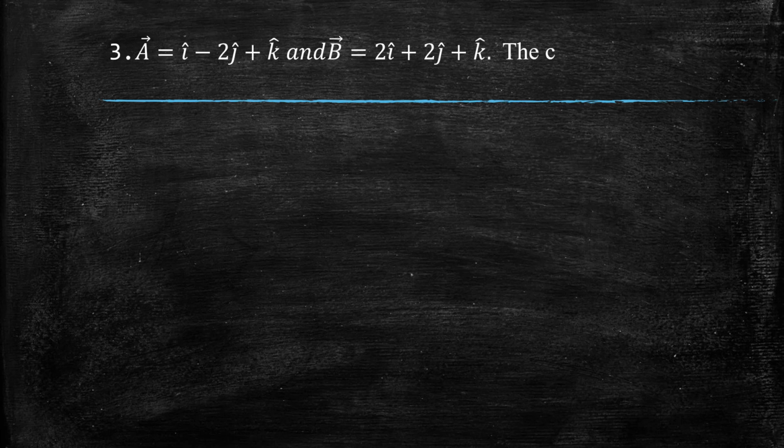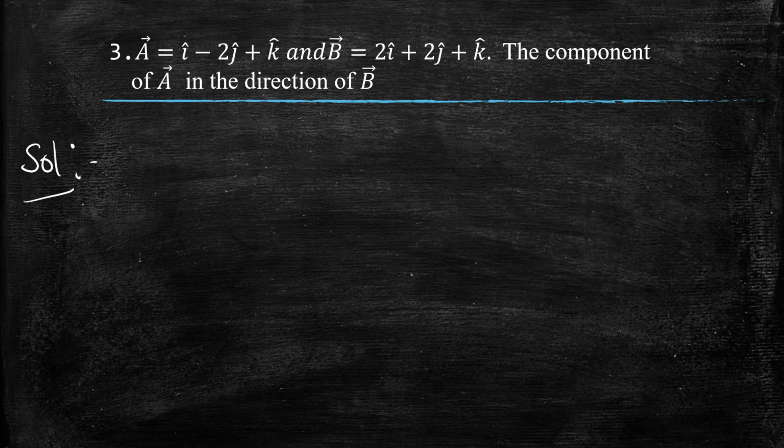Go to the next question. That is the third question. A bar is equal to i cap minus 2j cap plus k cap, and b bar is equal to 2i cap plus 2j cap plus k cap. Find the component of a bar in the direction of b bar. Now let us come to the solution.